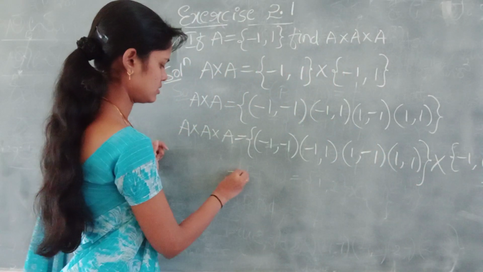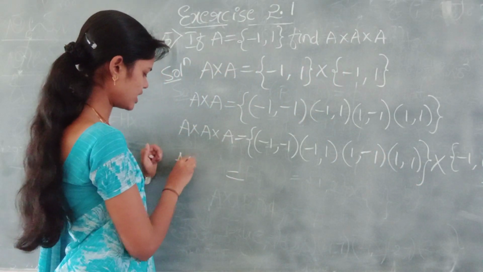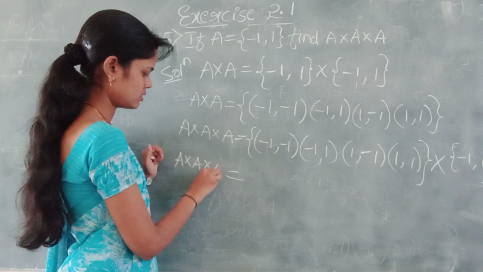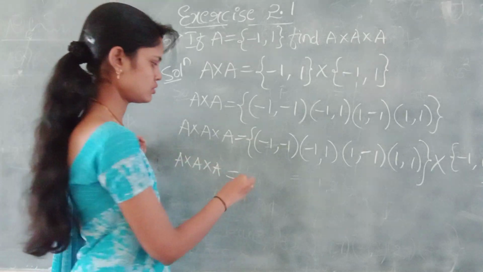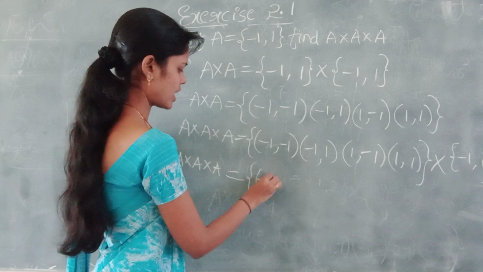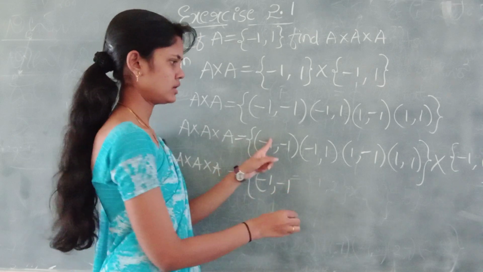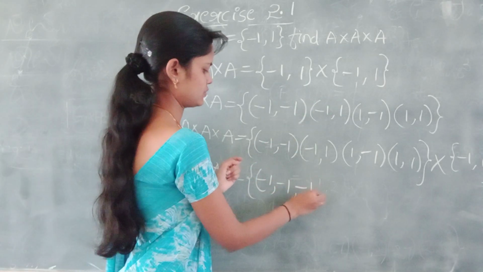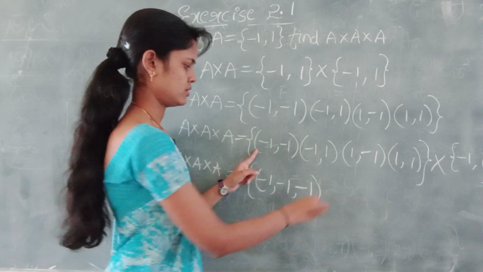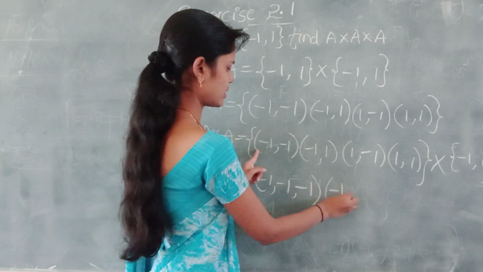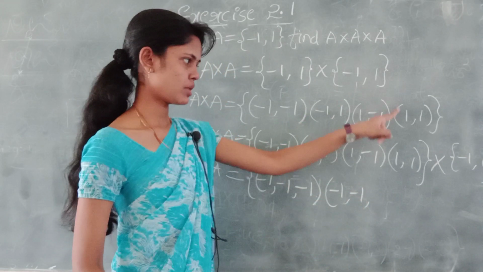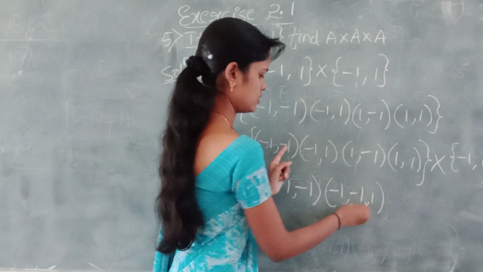Then how can we write the triplet of A? The triplet of A is equal to the whole thing: minus 1 comma minus 1 comma minus 1, then once again minus 1 comma minus 1 comma 1, right?